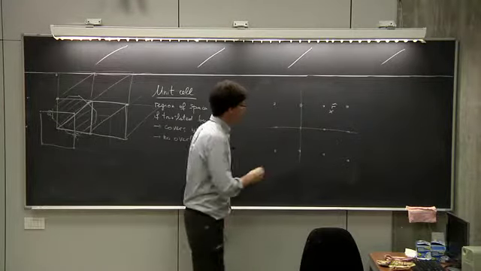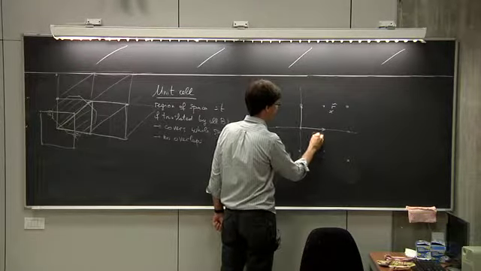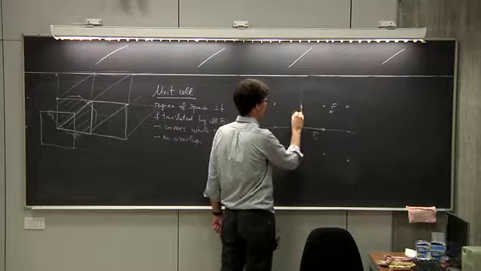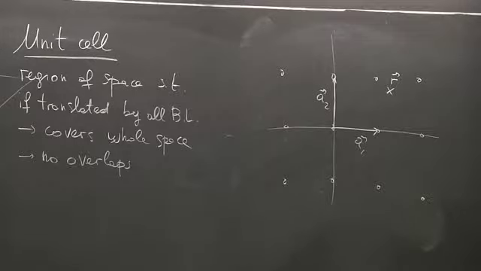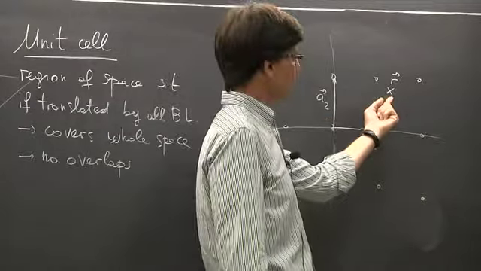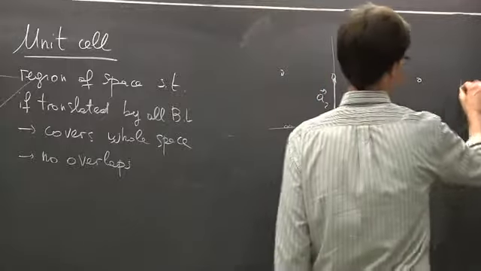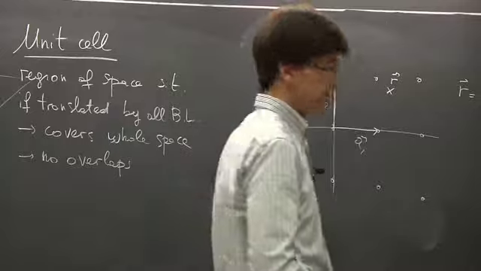Now, if these are my two primitive vectors, because they are independent vectors, I will be able to express R as a linear combination of the two vectors, right?